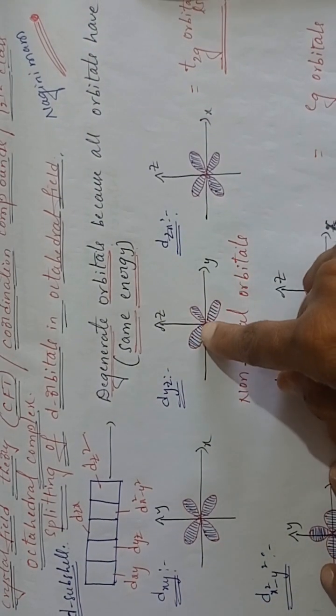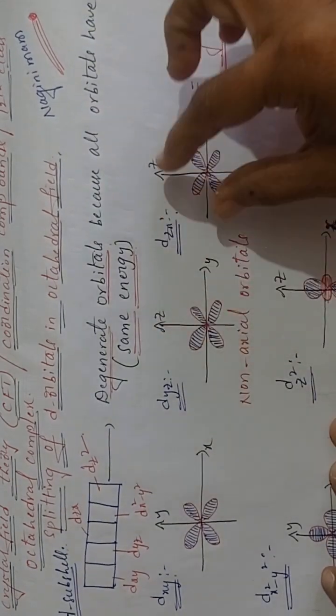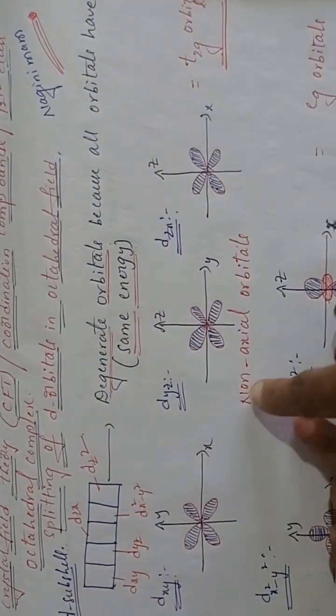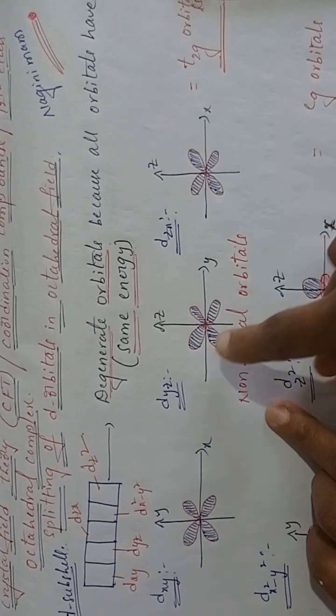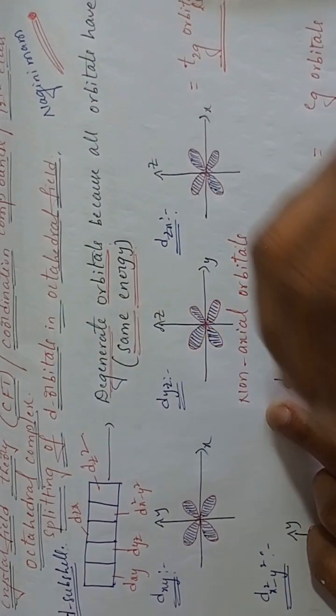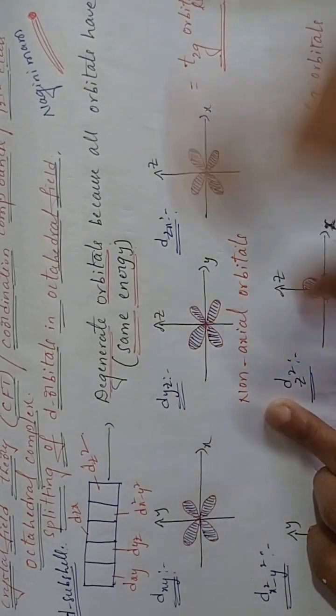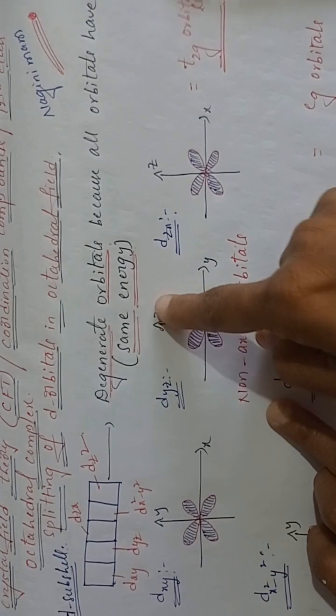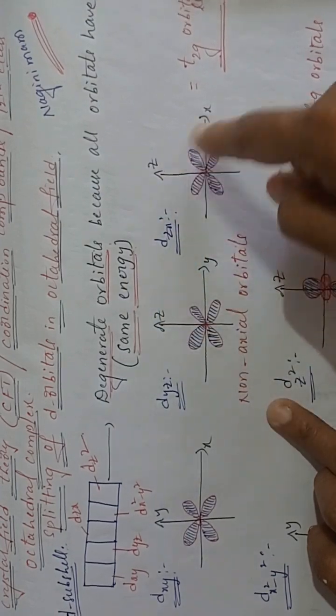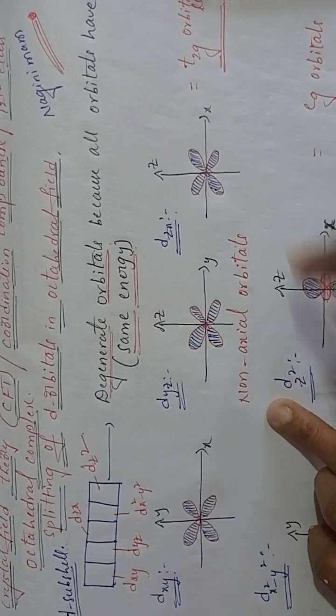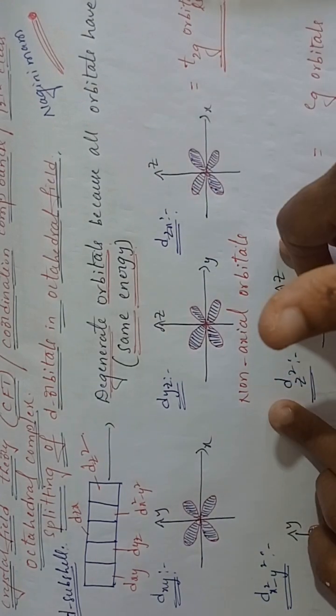That means the lobes are not present along the Cartesian axes; they are present between the x, y and z axes. That's why we call them non-axial orbitals.